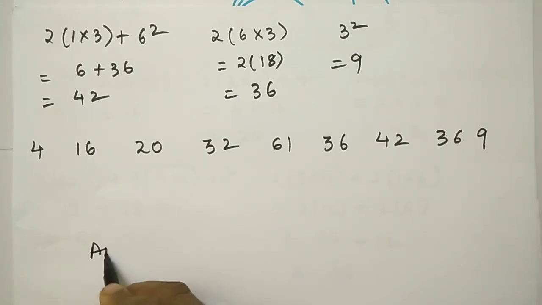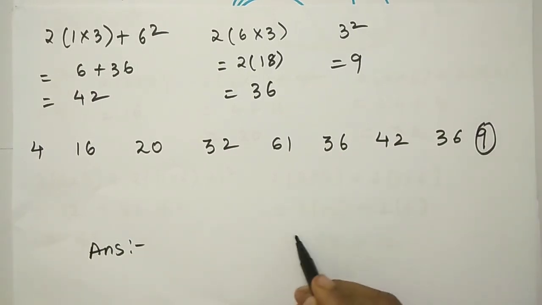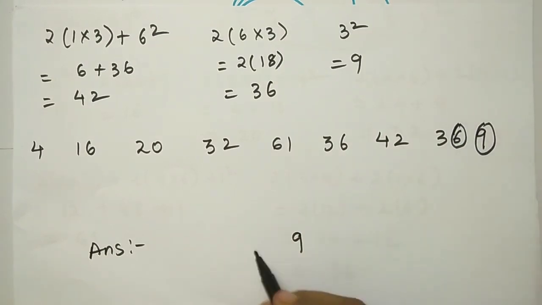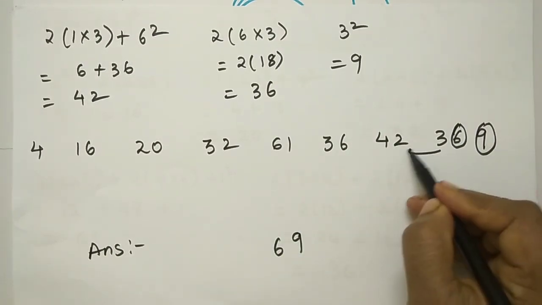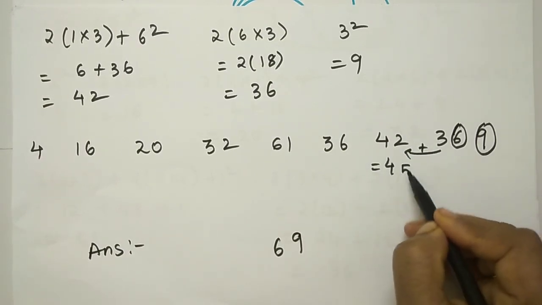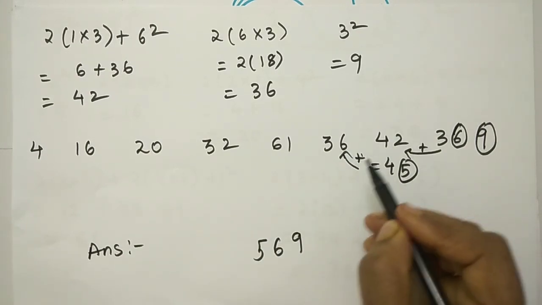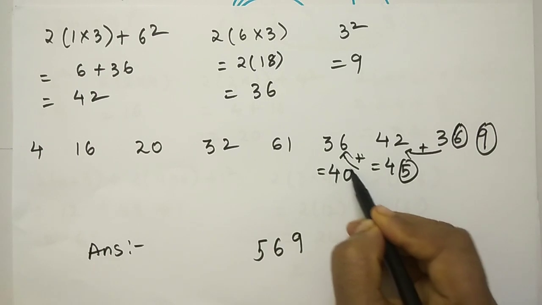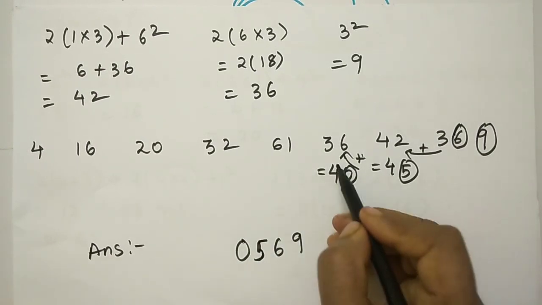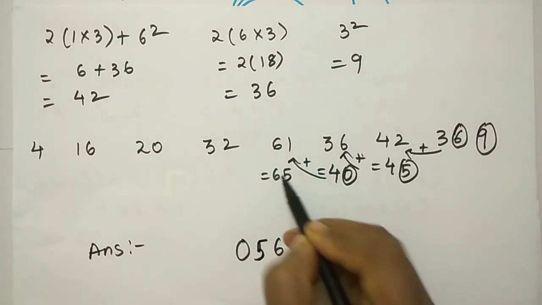Now observe how I am writing the answer. Here 9 is there. I will write here 9. Here nothing is there to carry, so I will write here 6. 6. I will carry this 3. This becomes 45. So write down here 5. Carry this 4 here, you will get 40. So write down here 0. Carry this 4 here, you will get 65.